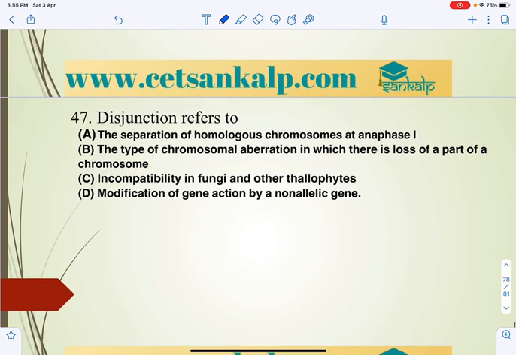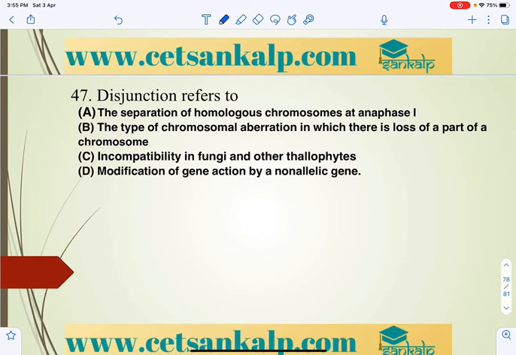Next, disjunction refers to what? What exactly is the meaning of disjunction? The homologous chromosomes start to separate, as we all know, which is a characteristic feature of anaphase 1.